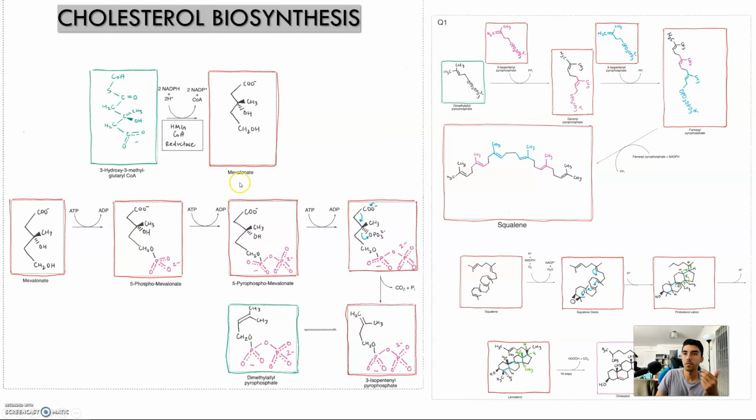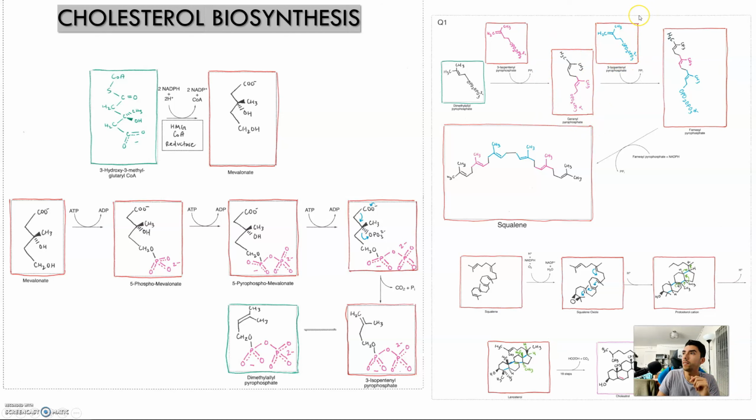Now, as we continue from mevalonate, we go through several intermediates in order to form 3-isopentenyl pyrophosphate as well as dimethyl allyl pyrophosphate. These are important as they constitute the isoprene units needed to continue forward into the formation of cholesterol. Beginning with dimethyl allyl pyrophosphate, which is a 5-carbon isoprene unit, combining with 3-isopentenyl pyrophosphate, we make geranyl pyrophosphate, which is now a 10-carbon unit.